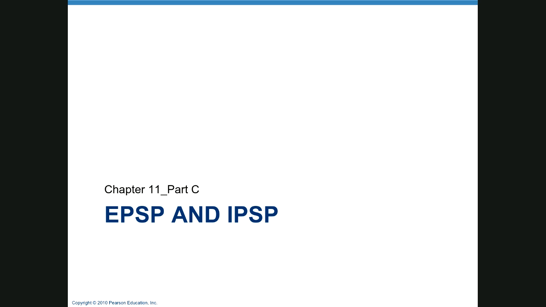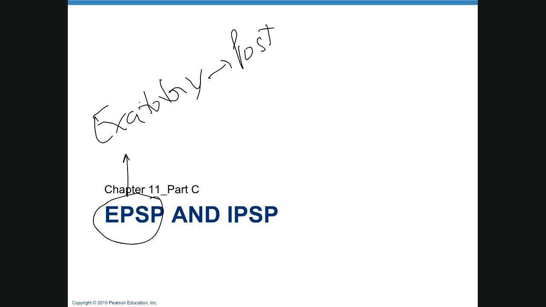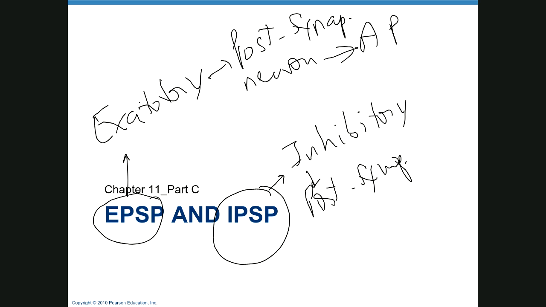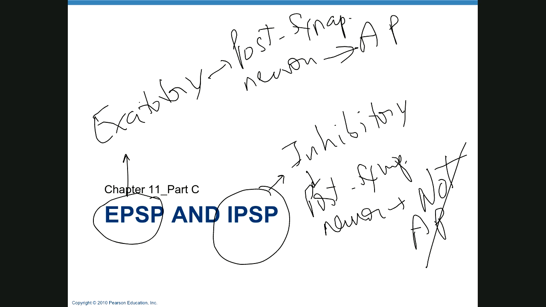Depending on the receptor, the graded potential, so what happens next, could be an excitatory postsynaptic potential, meaning the postsynaptic neuron will create an action potential, or it could be an inhibitory postsynaptic potential, in which the postsynaptic neuron will not create an action potential. It will be shut down.